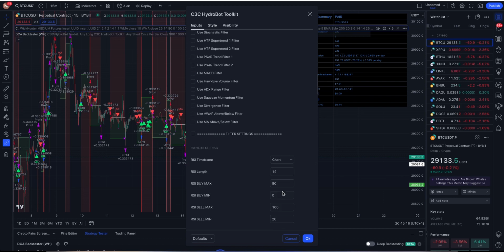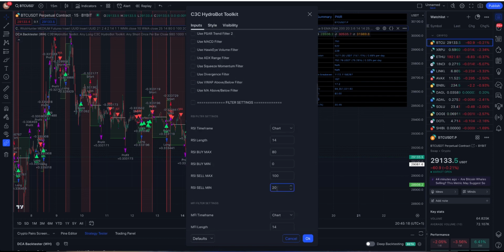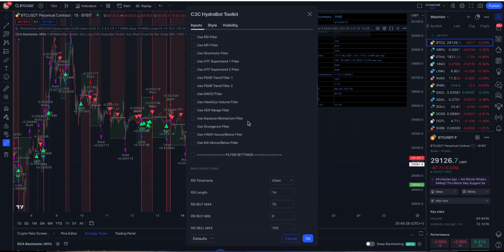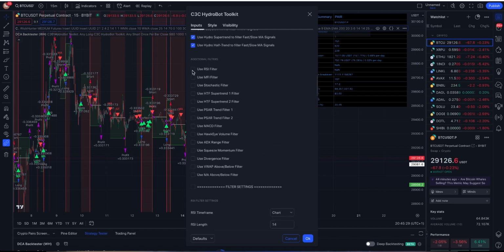Maybe we need to change this. Didn't really make much of a difference. Let's put that at 30 and that at 70. It's a bit tighter. And let's turn that on again.